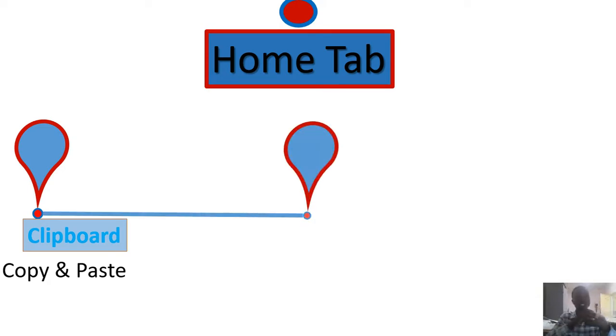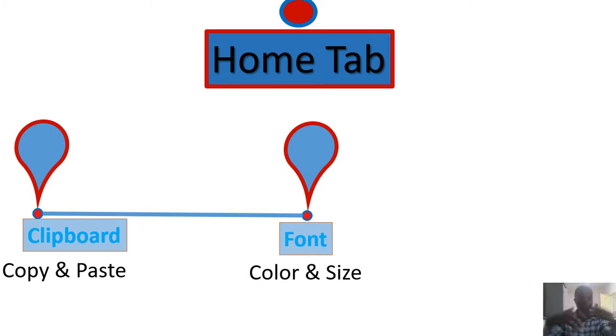And then the next point is font. You can change the font color and the font size, and for font color, you may choose any color of your choice. You highlight the text that you want to change, you choose the size, or you can insert a certain number in that section where we have the color command, then you apply it.